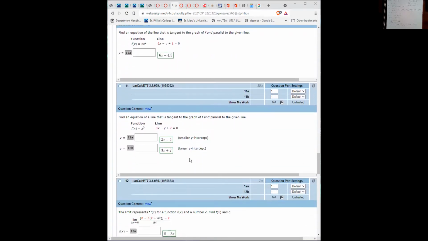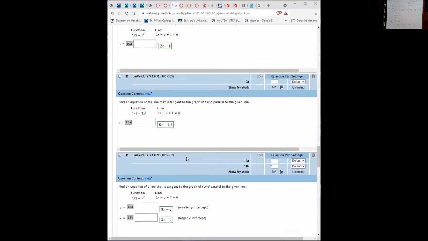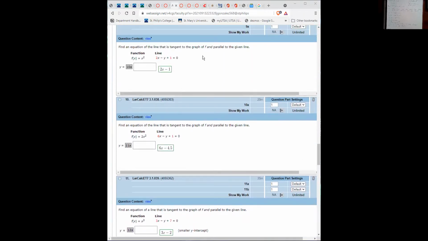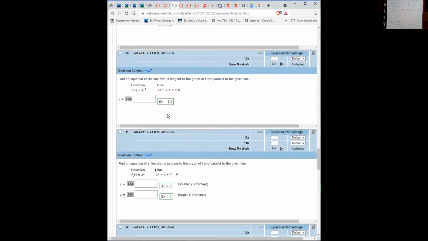Number 9, 10, and 11. You have to remember what it means to be parallel. Here they actually give us the equation of a line for number 9, 10, and 11, but they want us to find an equation that is parallel.